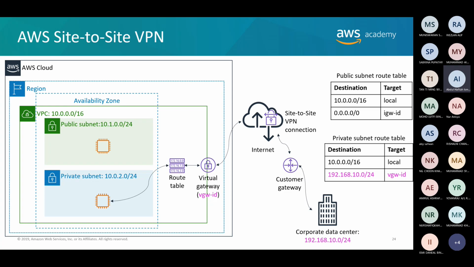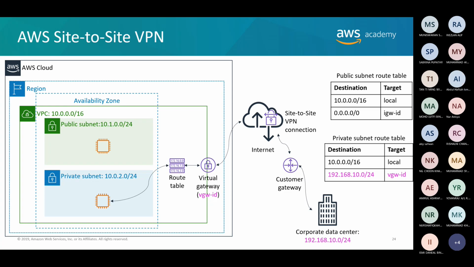So basically ada VPN direct tunnel to our router dekat data center. And then kita kena define lah, contohnya macam all dia yang pergi ke network ke internet akan pergi ke virtual internet gateway here.